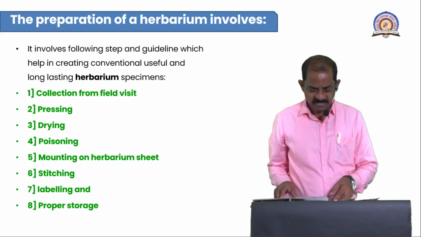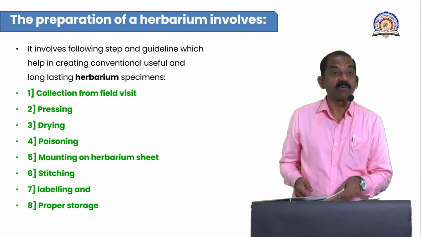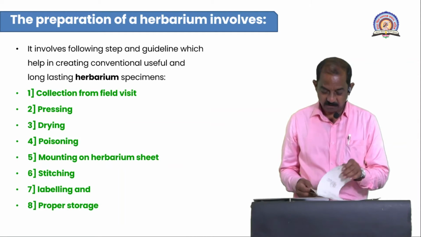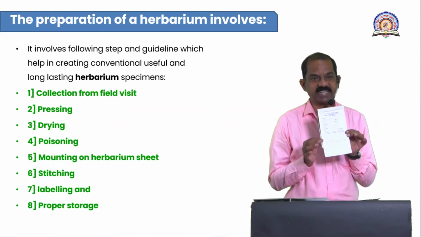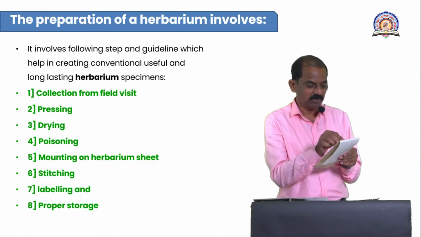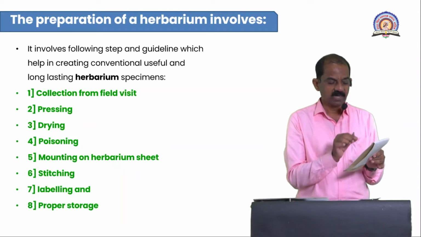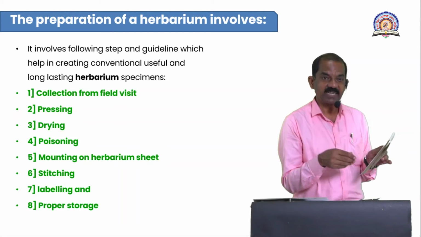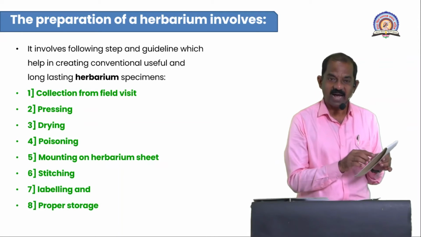Then, when the plant is collected from the field, there is a need to record it in the field diary. In the field diary, you have to record the date, the field number, the locality, the altitude, the botanical name of the plant if known, the family, the vernacular name, and the habit of the plant.